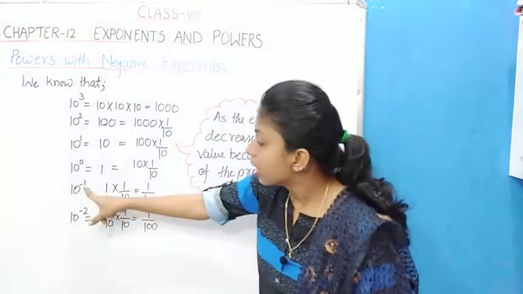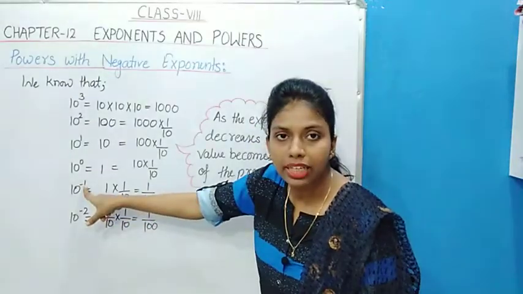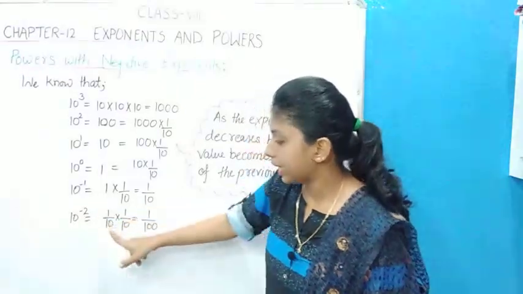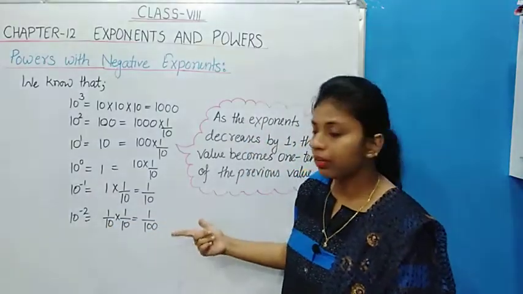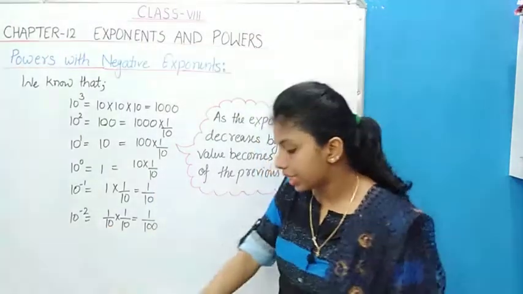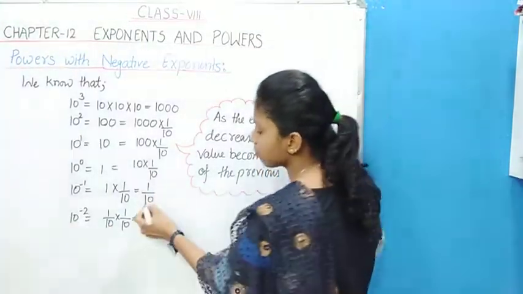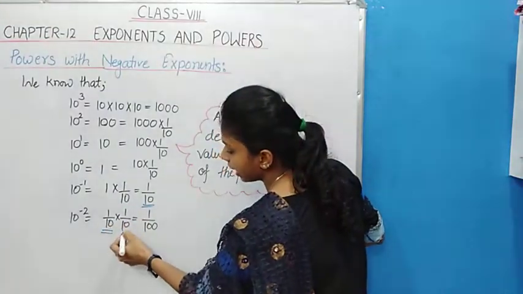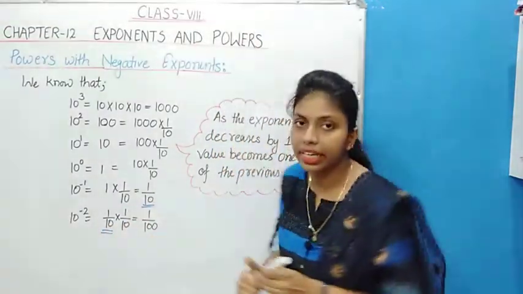Similarly, if the exponent decreases from -1 to -2, again it becomes 1/10 of the previous value. The previous value is 1 by 10, and 1/10 of 1 by 10 is equal to 1 by 100.